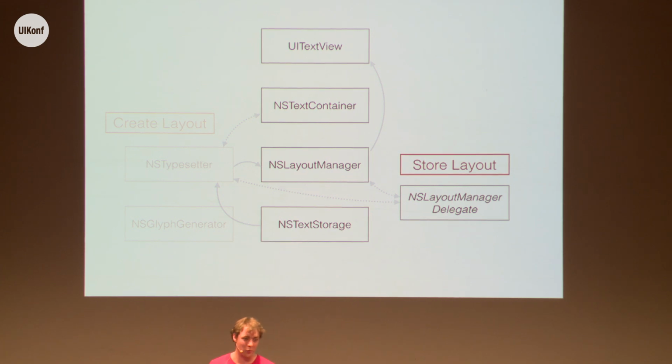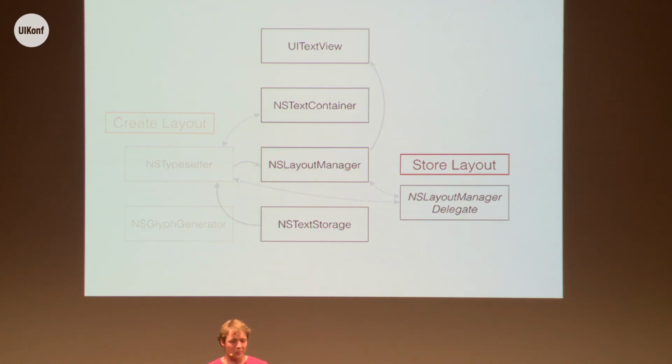NSTypesetter would be the right place to go if you want to indent lines and draw them however you want. But these are private. So you have to spread your code across NSTextContainer, NSLayoutManager, NSTextStorage, and NSLayoutManagerDelegate. Everything is still possible, only that instead of having it in one class, you now have it in four classes.